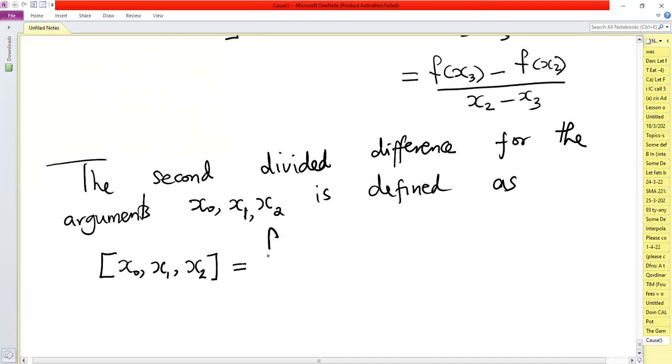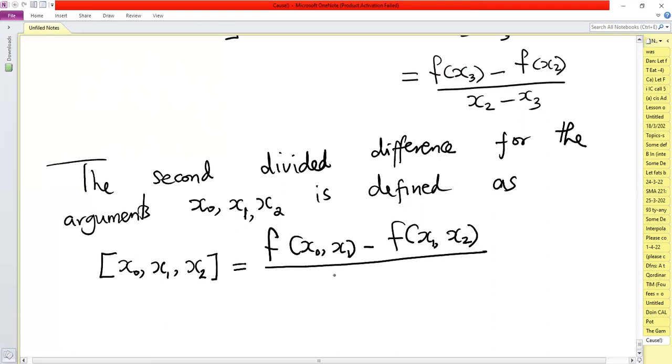It is given by the first divided difference of x0, x1 minus the first divided difference of x1, x2, divided by x0 minus x2. Or we can write this one just using this notation.